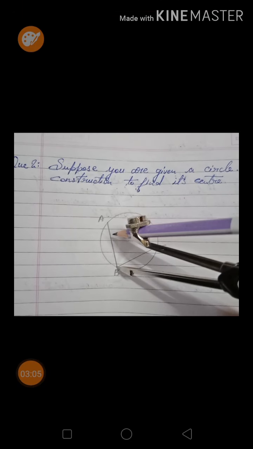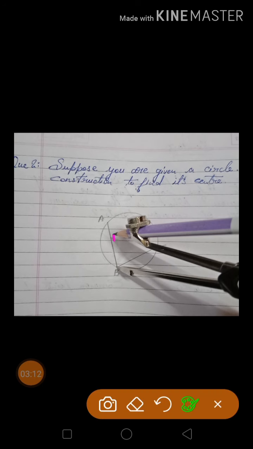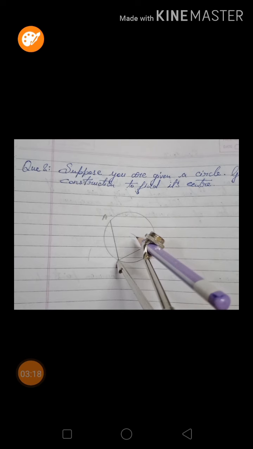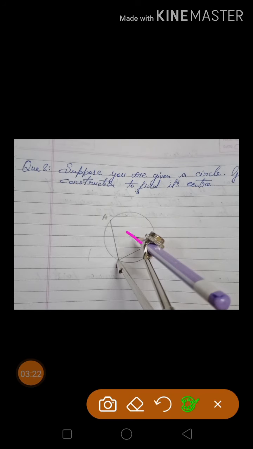See, firstly we are taking radius more than half of AB. You can see this length, this radius is more than half of AB. Then draw arcs from point B, two arcs, one upside and one downside, you can see.